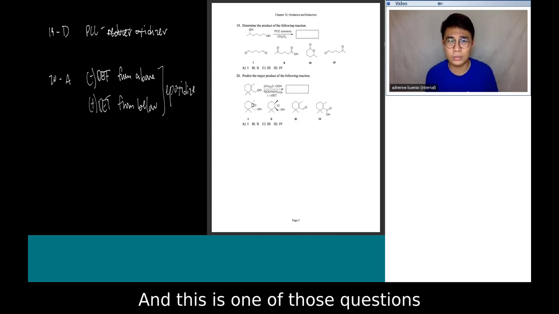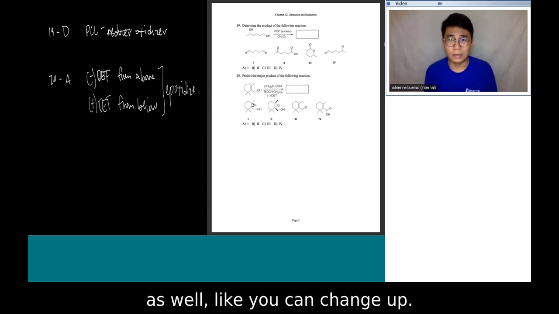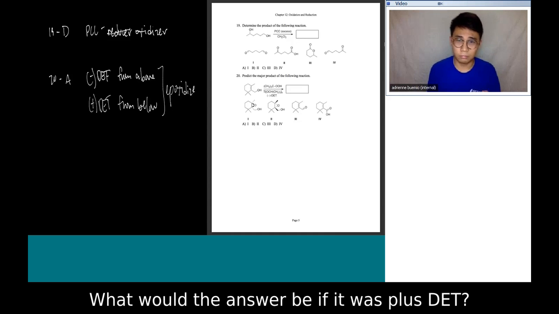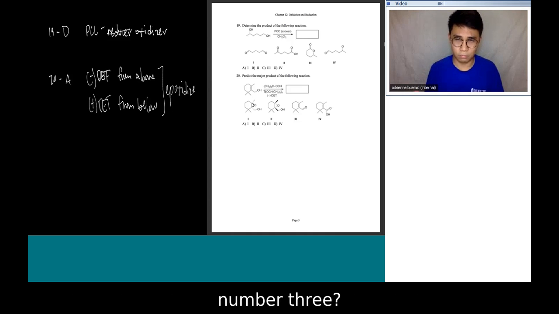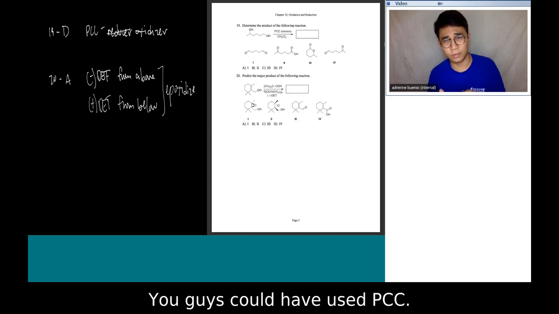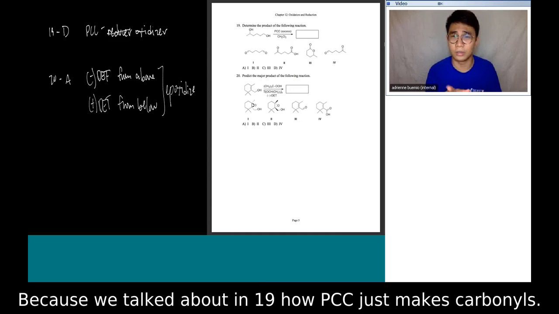And this is one of those questions as well. You can change it up. What would the answer be if it was plus DET? B, right? And what reagent would it have been if our product was number 3? You guys could have used PCC, right? Because we talked about in 19 how PCC just makes carbonyls, right?